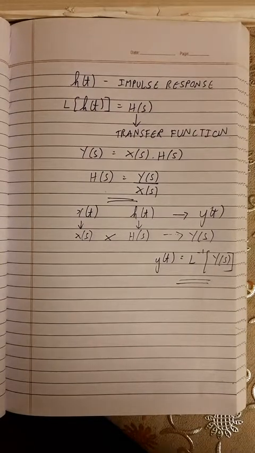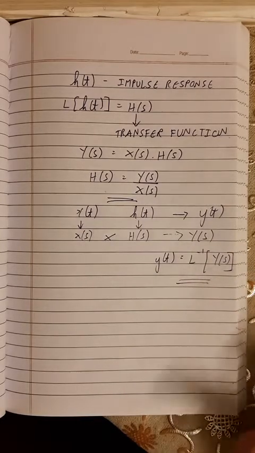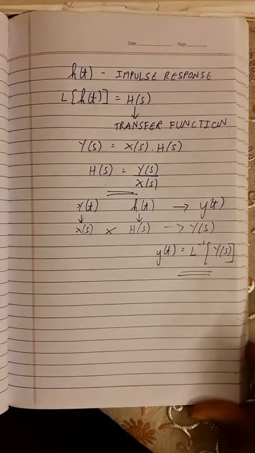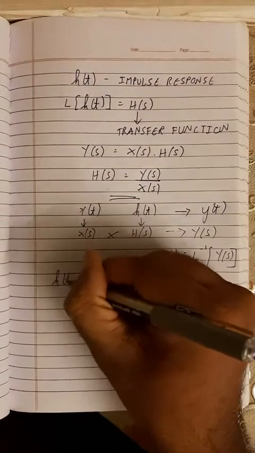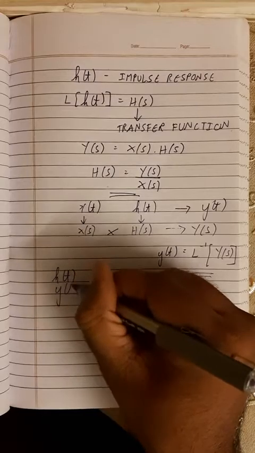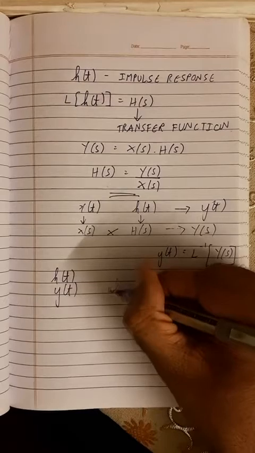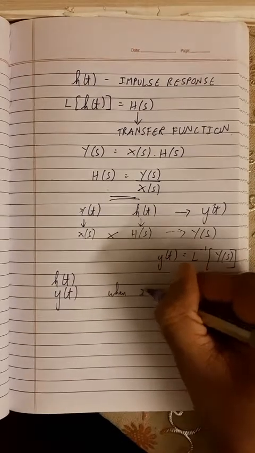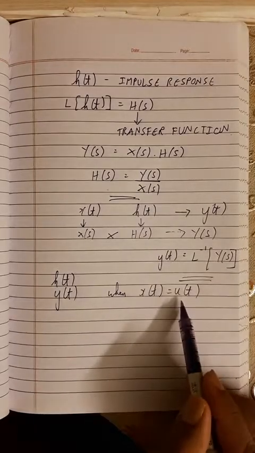Suppose they ask you to find the unit step response. Sometimes they will give you h of t and then ask you to find the unit step response. Unit step response is finding the value of y of t when x of t is equal to u of t, which is called the unit step signal.